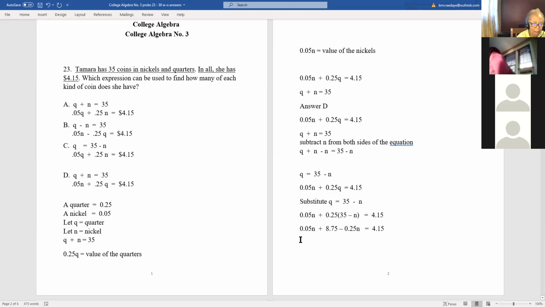Minus 0.20n, and we've got a plus 8.75, and that's equal to 4.15. Okay, now what do we do next?